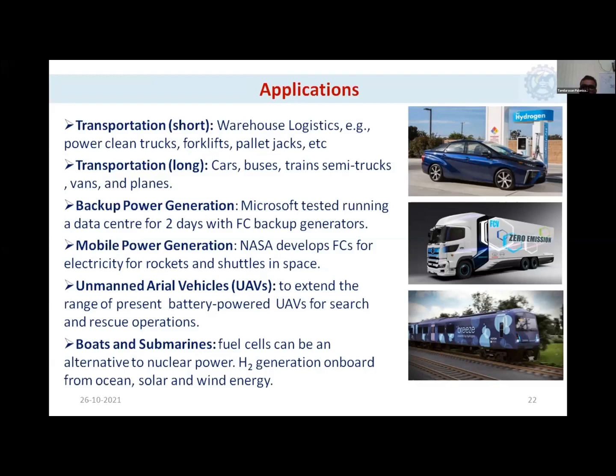For instance, if you see the static fuel cells like solid oxide fuel cell or molten carbonate fuel cell or even alkaline fuel cells, those are all producing very good energy and they are easy to scale up. But the problem is they use extreme conditions like very high temperature or very high pH or liquid state electrolytes. So they cannot be used for transport applications, or there is a limitation in using them for transport applications.